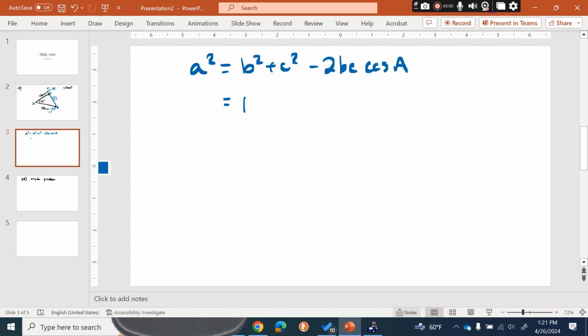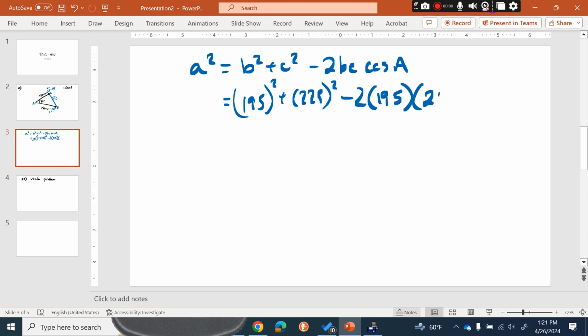So 195 squared plus 225 squared minus 2 times 195 times 225 times cosine of 36 degrees. Okay, let's punch that into the calculator and let's see what we get.